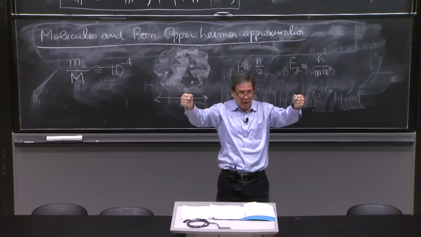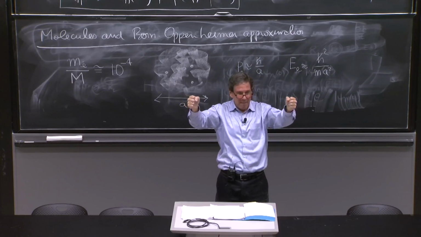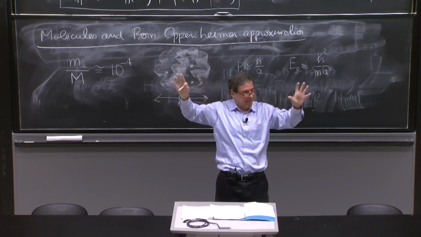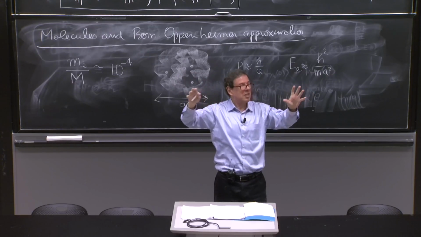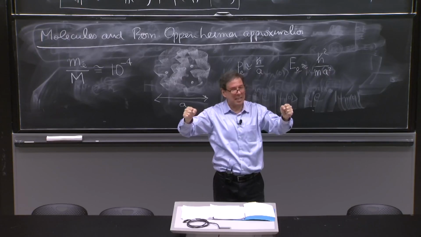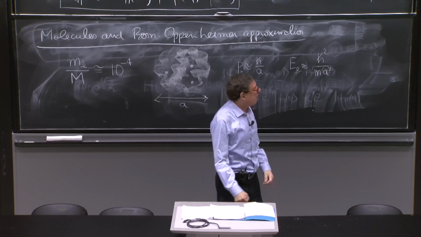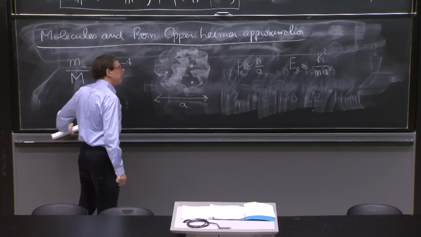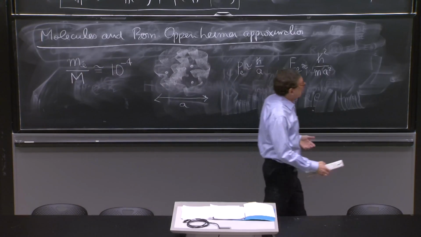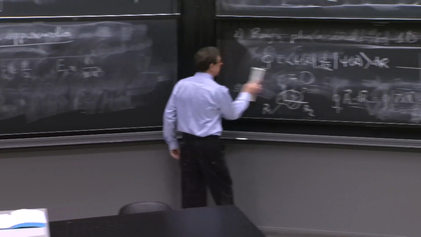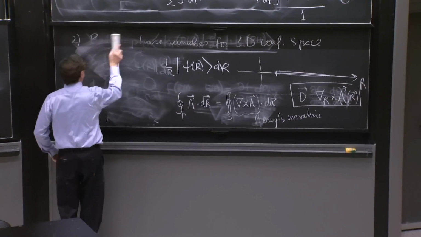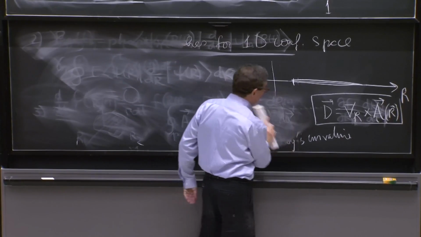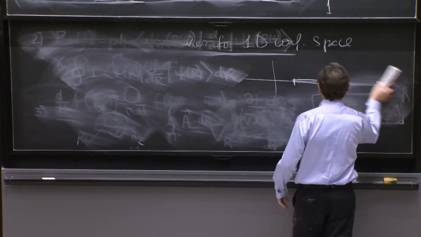As the nuclei vibrate, the electronic configuration probably adjusts adiabatically in the instantaneous eigenstates. We're going to do that in trying to understand things, but I also want to emphasize this remarkable property of an electron to create a bound state.